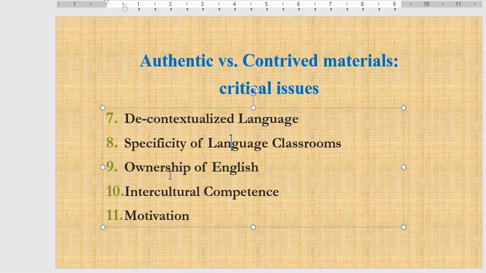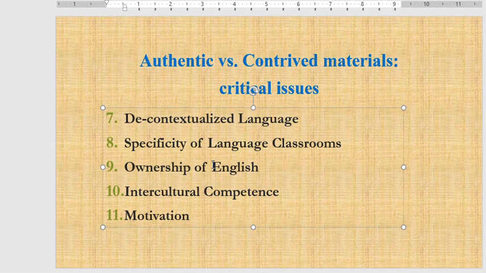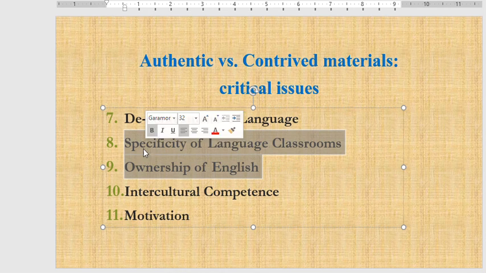In this way, they want to show their ownership, but they may use distorted language. So they should be careful about not using distorted language. Again, for these two cases, if you use authentic materials, but localize them correctly and appropriately, or modify authentic materials, it's better than using contrived materials.